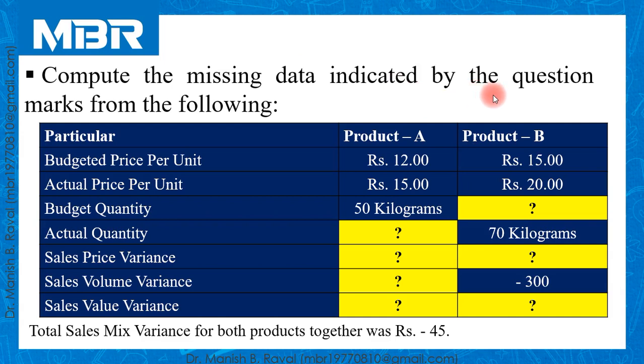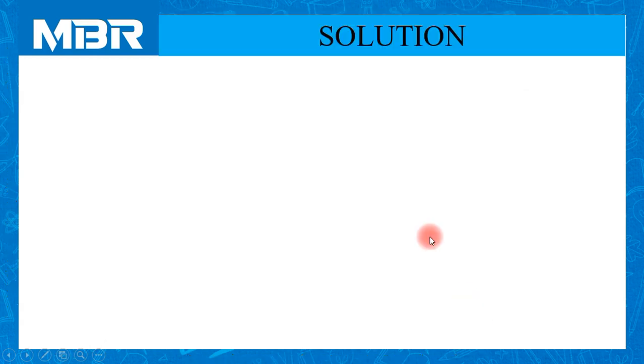Using this information, we can calculate all missing items for product B at first priority. We cannot start calculation of product A directly. So let us calculate for product B first.